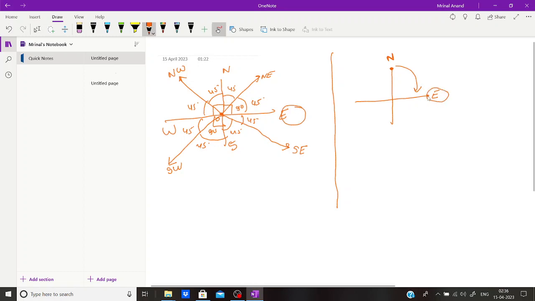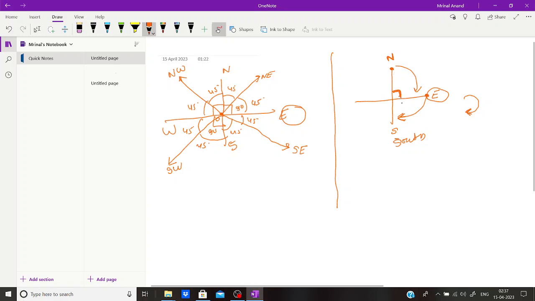Again, if you are from this point, and someone asks you to move 90 degrees clockwise, then again you will reach the south. So if someone says move 90 degrees clockwise, then you have to travel up to the 90-degree angle.